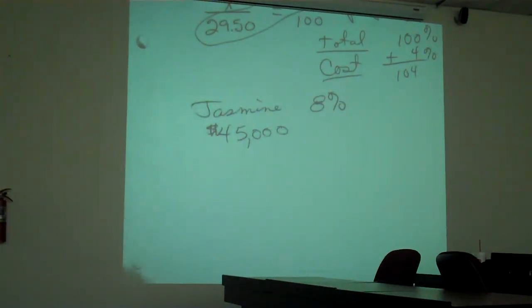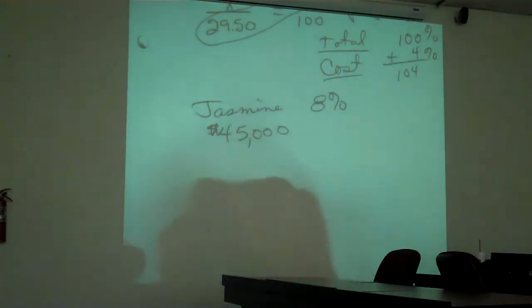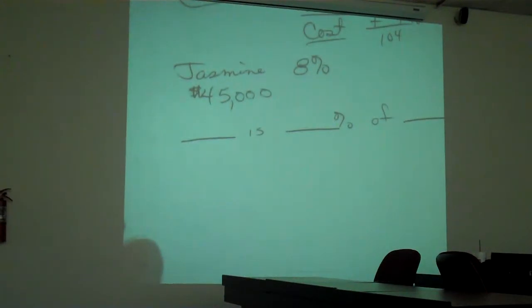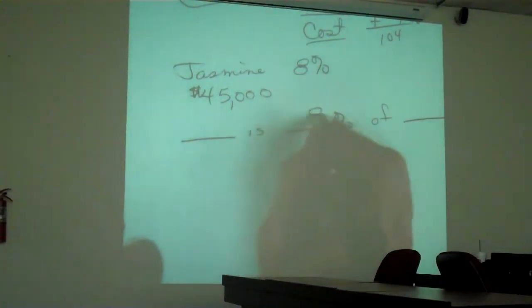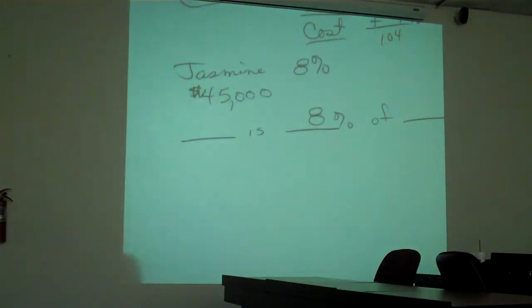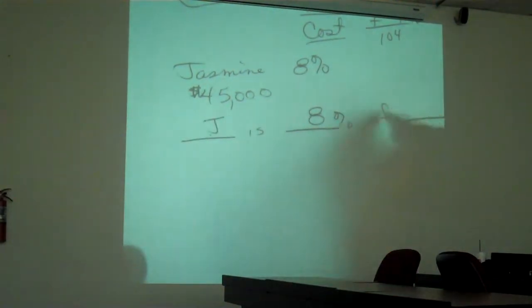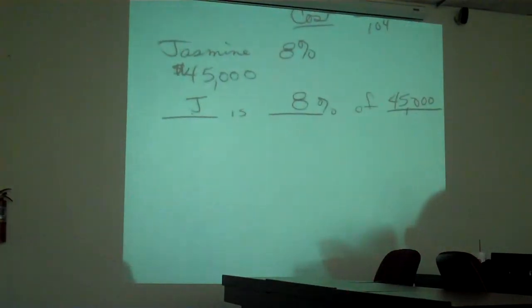We need to put that into a sentence, right? Something is percent of what? We know the percent real easy, right? Her commission, that's 8%. She gets 8% of what she sells. So this is Jasmine's commission, is 8% of what she sells. So you know where to put the numbers.